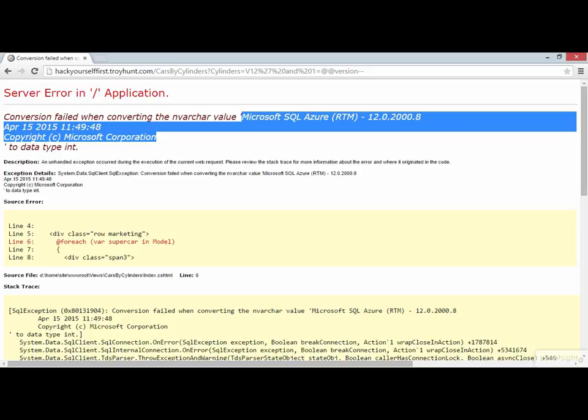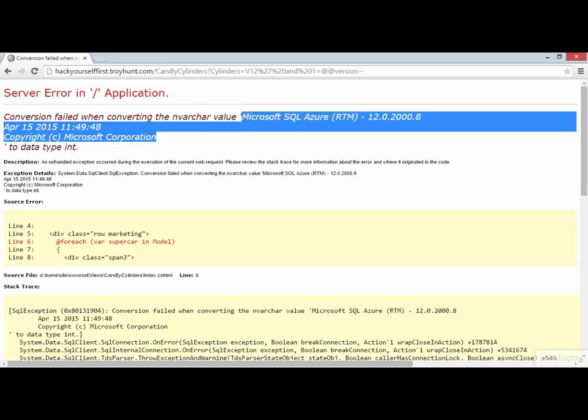And in fact, this version was updated on April 15 of 2015. So we now have some very, very specific information about what this version is. Now that we know that, we can tailor our attack and make sure that we're actually using SQL Server syntax and not Oracle syntax or MySQL syntax.